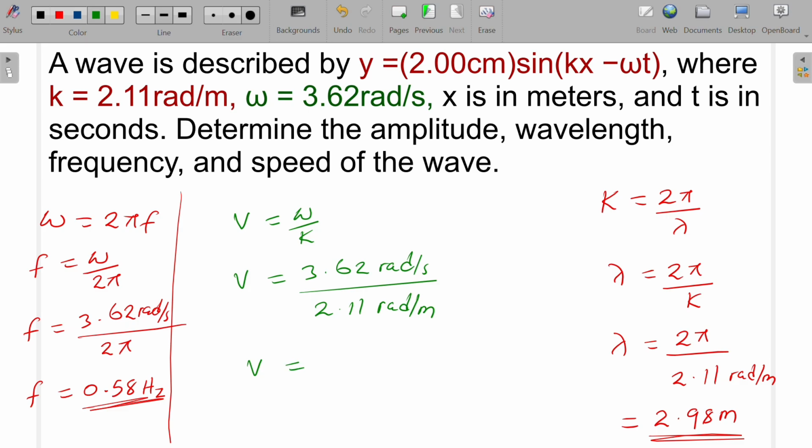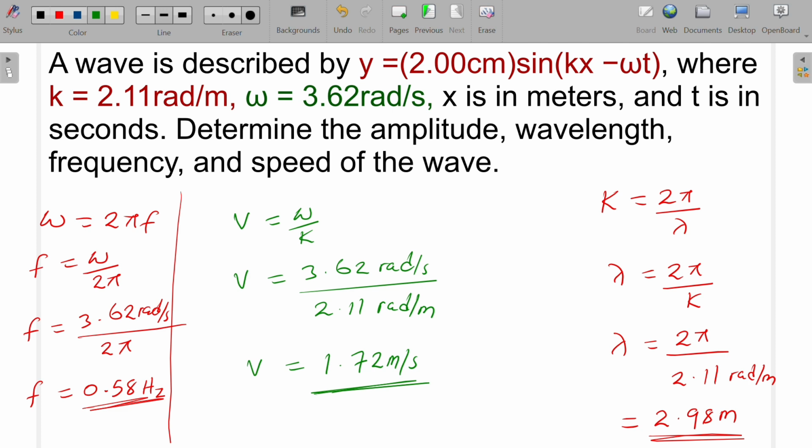When I punch my calculator, 3.62 divided by 2.11, this is giving me 1.72 meters per second. So this is the speed of the wave.